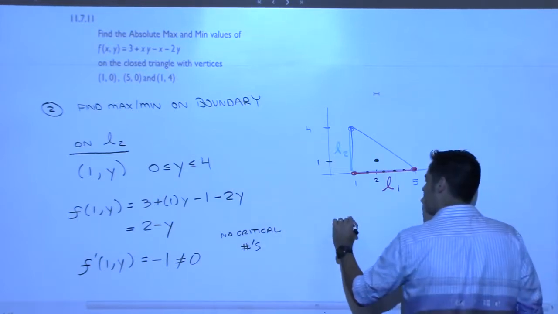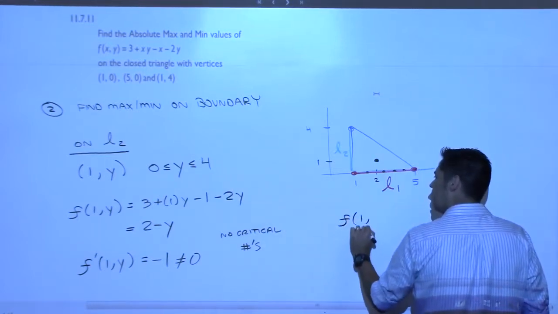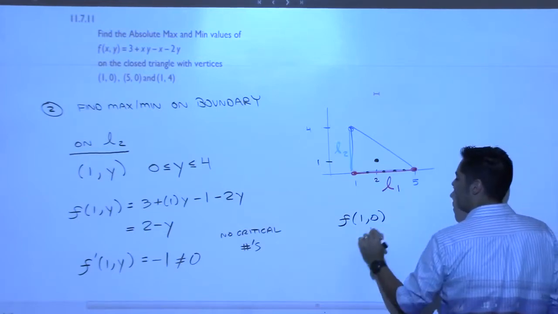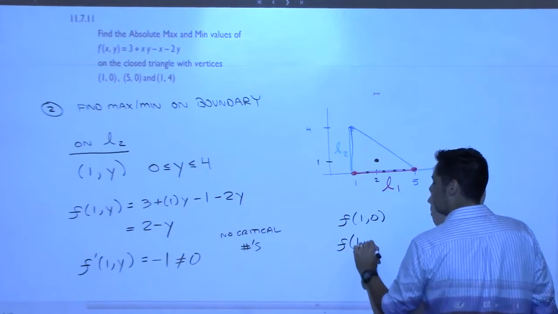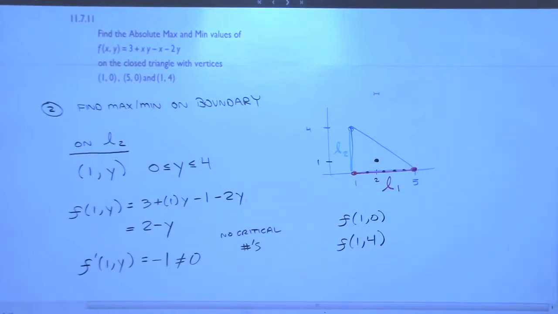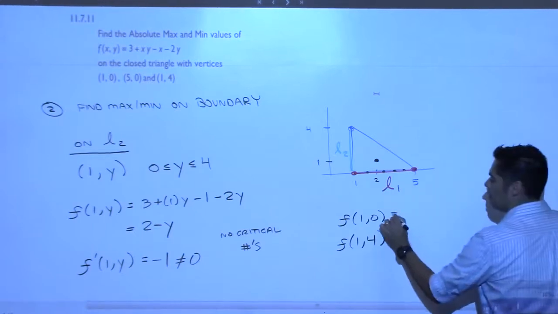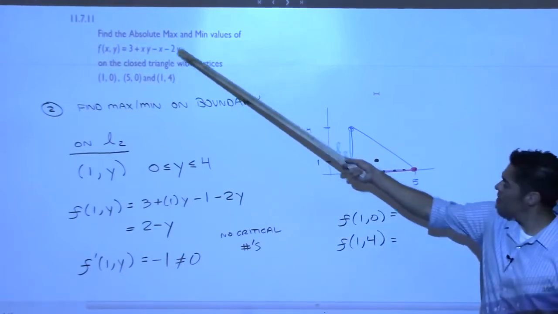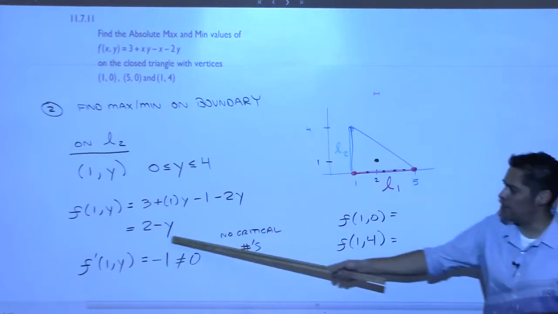So I need to go f of (1, 0) and then f of (1, 4). Understand? And I've had students in the past ask me, do you plug the (1, 0) into this, or do you plug the (1, 0) into this? What's the answer?